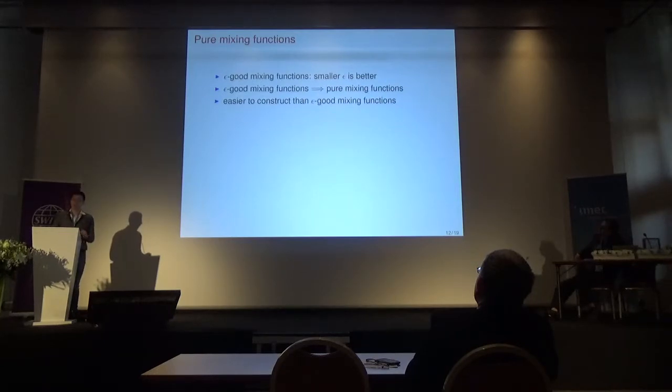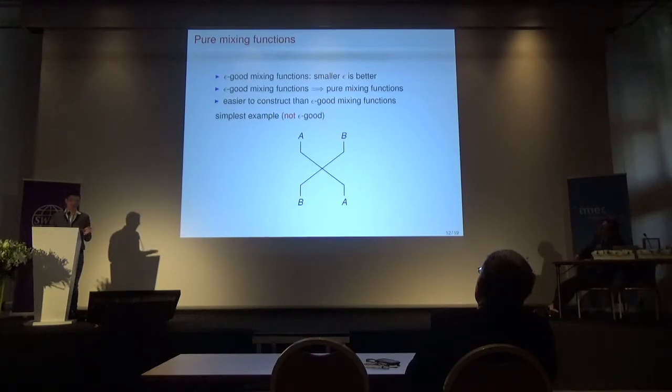Note that every absolute mixing function is also a pure mixing function, but it's not always the same in the other direction. So that makes a pure mixing function much easier to construct than the absolute mixing function. For our construction, we can just use the simplest pure mixing function, the swap function.